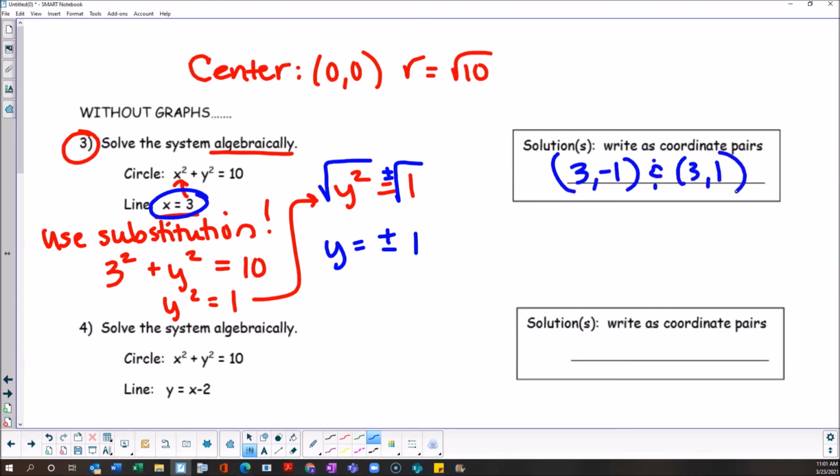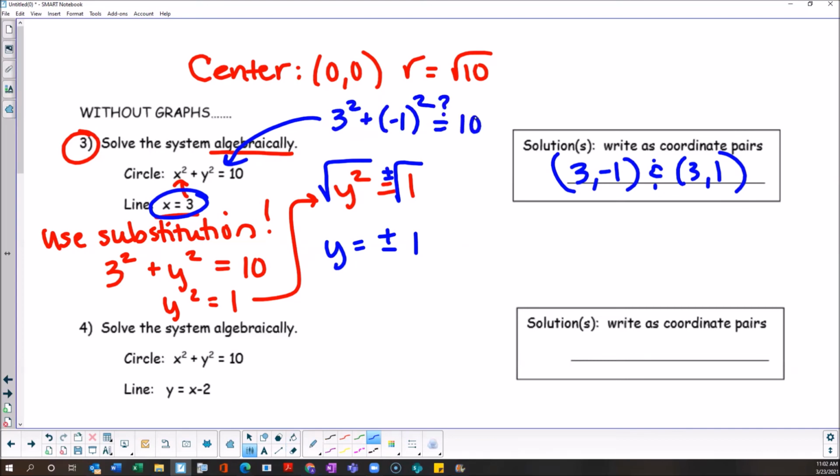Okay, and then I can check these in my equation of the circle just to make sure they both work. If I have negative 1, sorry, I just put that in for x. Check it. With 3 squared plus negative 1 squared, does that equal 10?